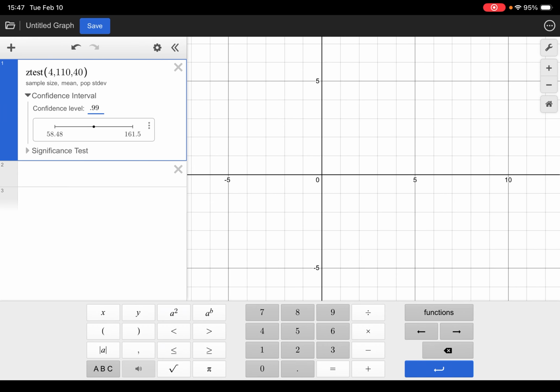And again, this last sentence here is answering that second part of the question.